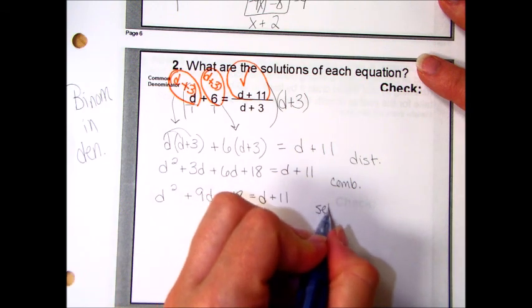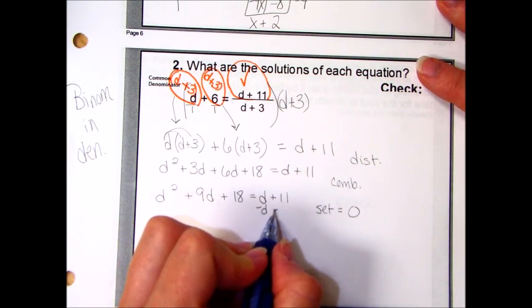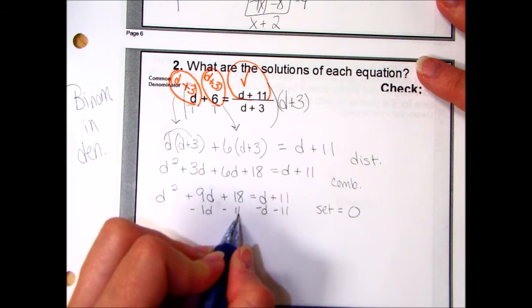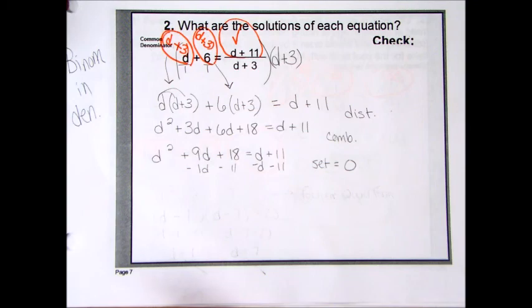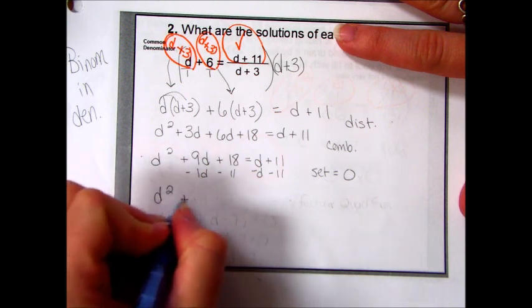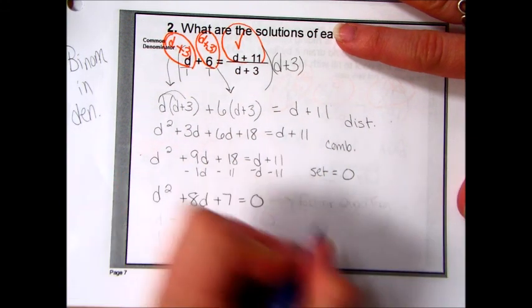Now I need to set it equal to 0. So I need to minus this 1d and minus this 11. So when we move these things to the other side, we get d squared plus 8d plus 7 equals 0.